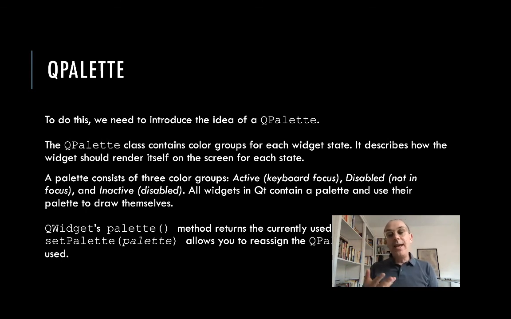All widgets in the container will use the palette to draw themselves. So the GUI widget's palette method will return the currently used palette object and allow us to reassign the object being used.